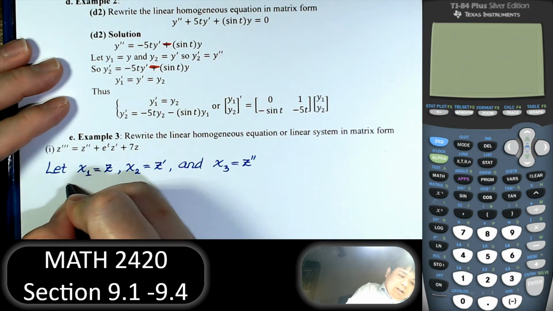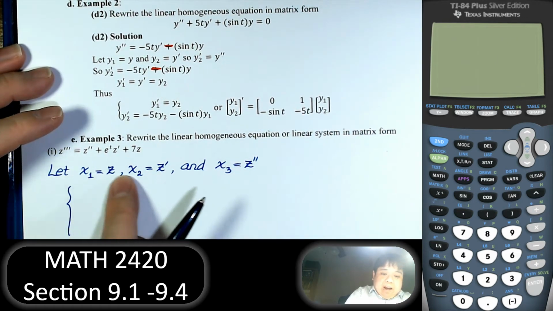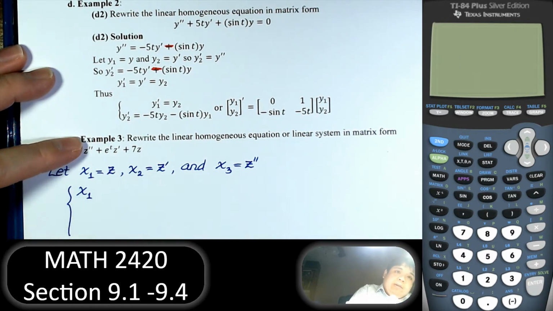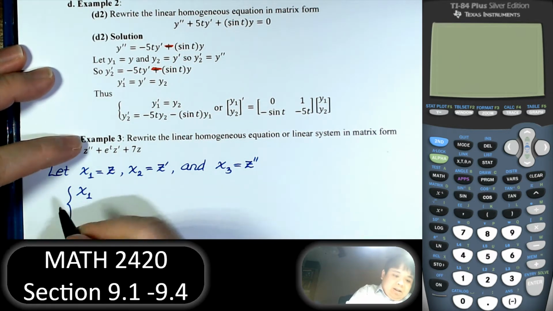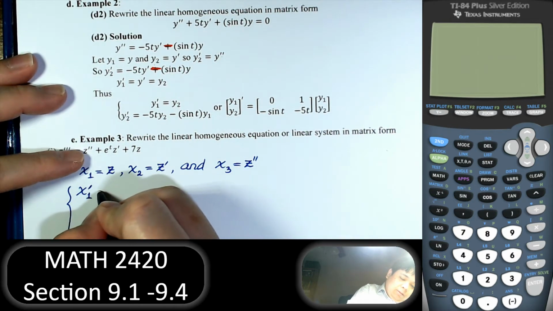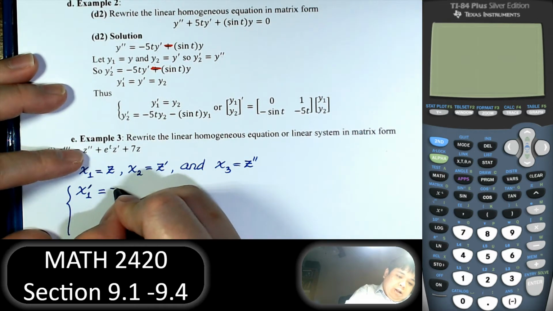Now, let's just take the derivative of everything. x1, if we take the derivative, what do we have? Z prime, right?